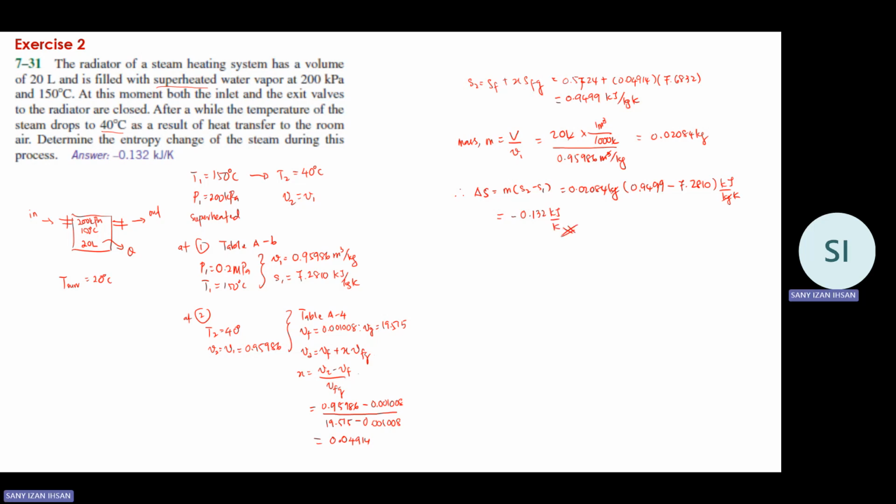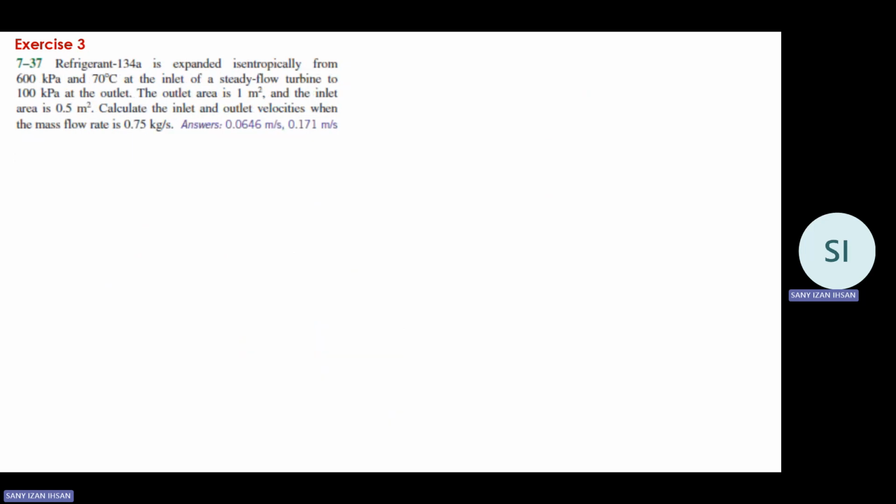Okay. The minus indicates that your entropy is reducing in the system, in the rigid tank or in the radiator, because entropy is transferred through the heat to the surrounding. All right. So let's go to the next question.